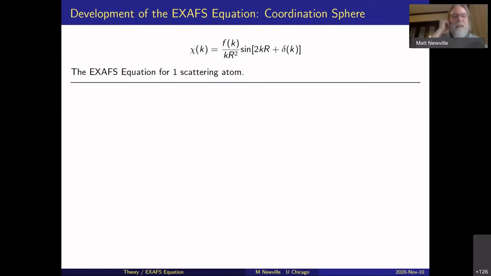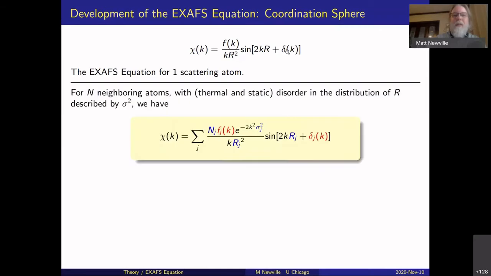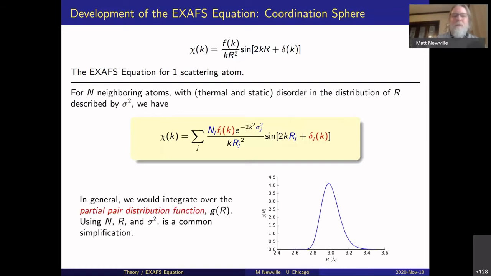So in the previous talk, I got to about this far in the XAS equation: there's a scattering amplitude, a 1 over r squared, and sine of 2kr plus a phase shift delta. That's for one atom. Then we add neighboring atoms, including some disorder, either thermal or static, in the distribution. And again, with a pair distribution function model, that could be as simple as a single mean square statistic or a more complicated formula.